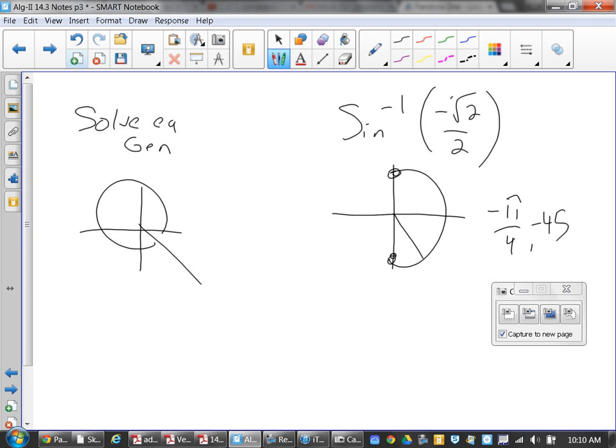So for the cosine one that we just did, why wasn't it just pi over 4? That's the reference angle. Remember, in the second quadrant, cosine gives you a reference angle, and your terminal side comes across.